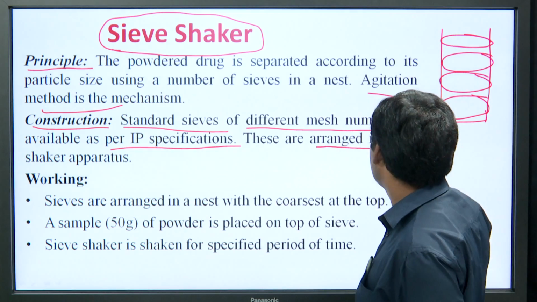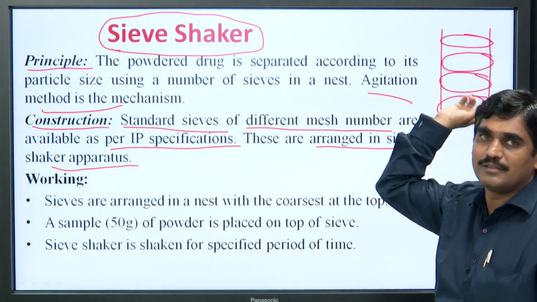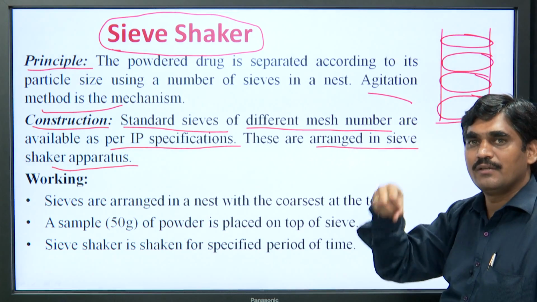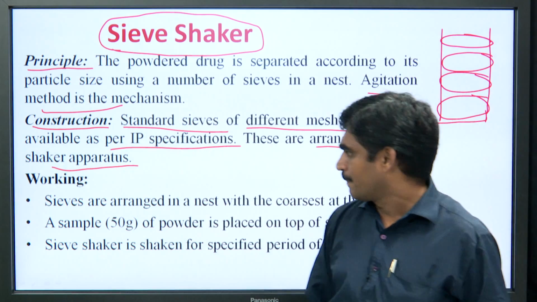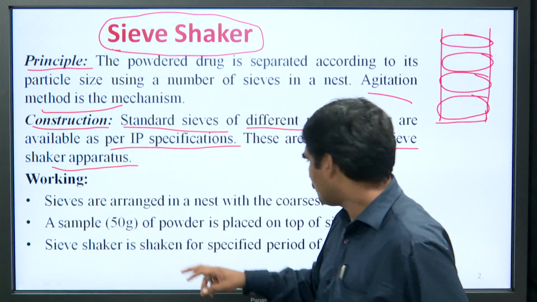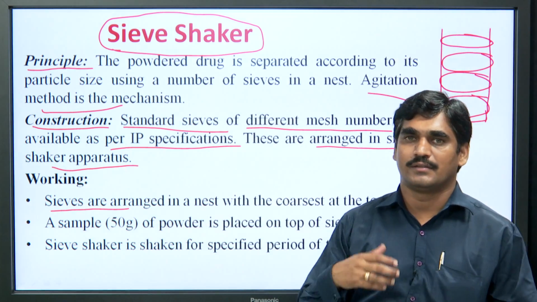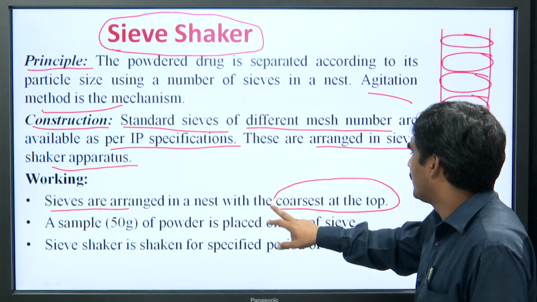These sieves are arranged in a sieve shaker apparatus. There is a specific way of arranging all the sieves in this apparatus. How does it work? Generally sieves are arranged in a nest with the coarsest sieve at the top.